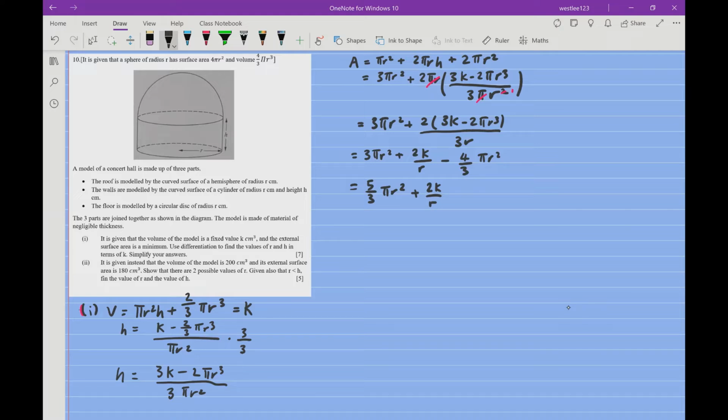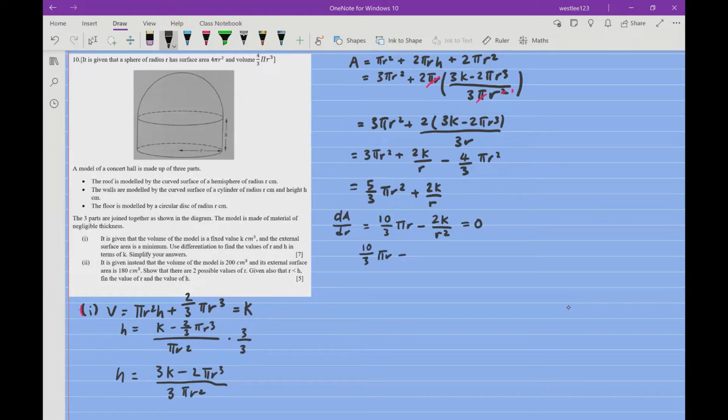Okay. Then after that, we want the external surface area to be a minimum. So we need to perform some differentiation. Now my dA/dr will be 10 over 3 pi r minus 2k over r squared. So I'm doing term by term differentiation. And because we are finding the stationary value, you equate the first derivative to 0. And we try to solve for r from that.